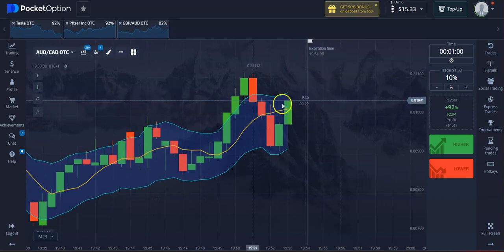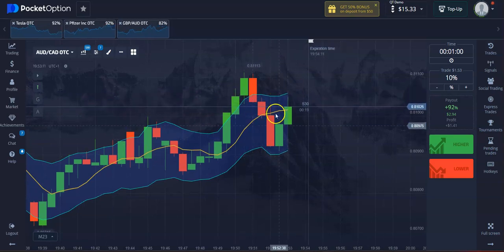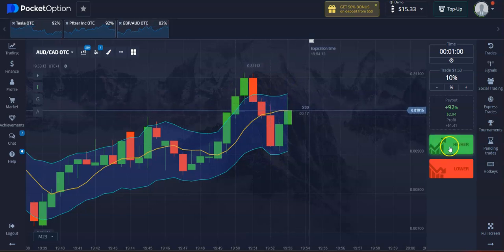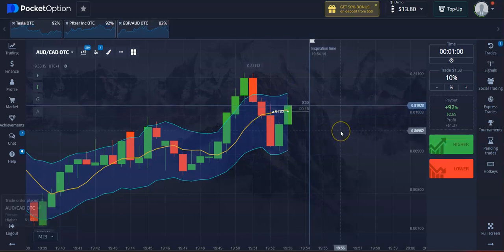Seems like price is bouncing back up again. So we're going to take a higher position right there.